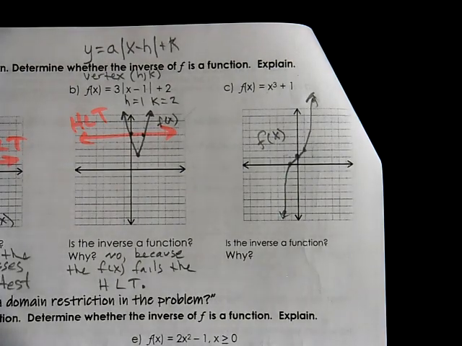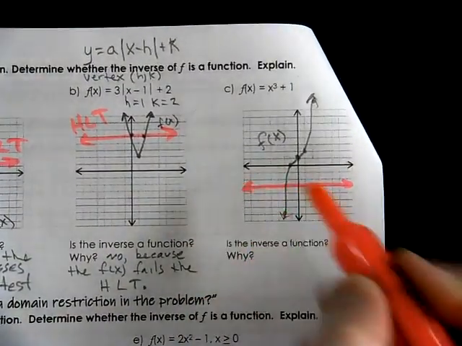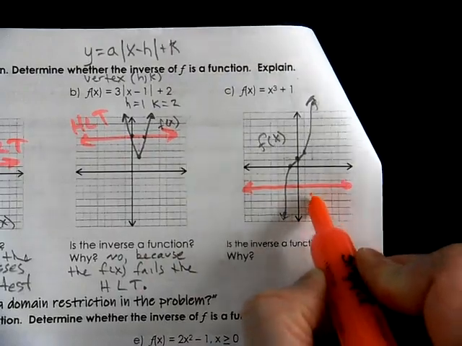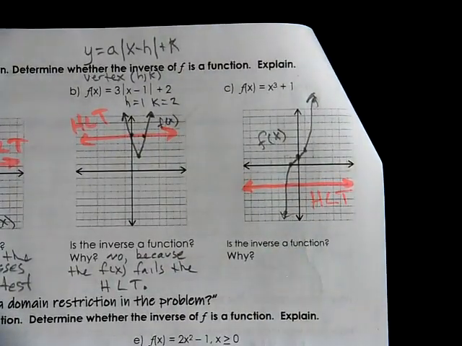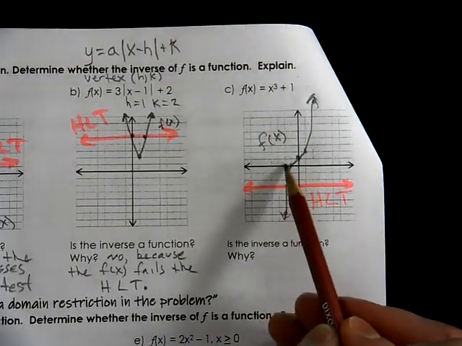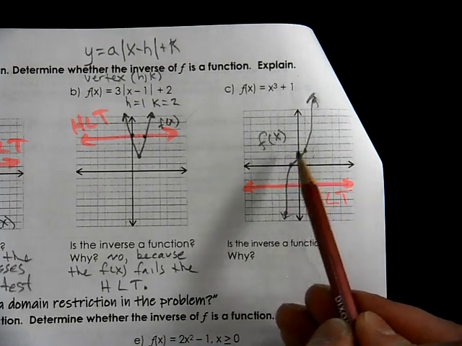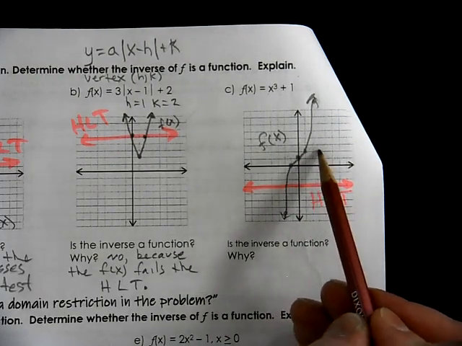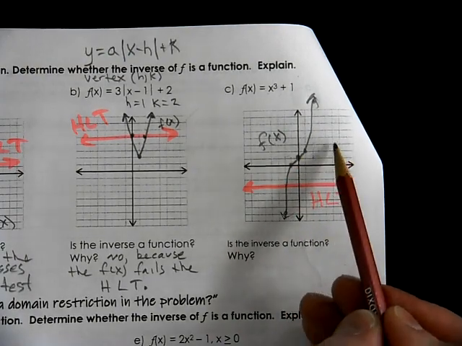Now we can do a horizontal line test to this. Is there any spot on this graph where the horizontal line test would touch the graph 2 times? Even here in the middle where it's doing some curving, it's only going to touch the graph 1 time. It doesn't curve all the way back down and then curve back up.